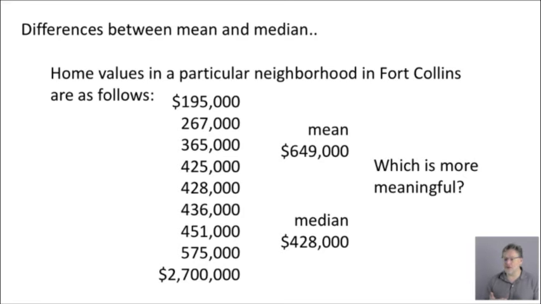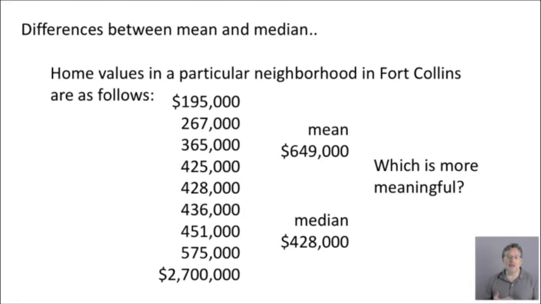Well, one of the things that I notice is that when I look at the mean of 649,000, there really aren't any houses on this cul-de-sac that have a value near that value. They go all the way up to 575 and then all of a sudden jump to this much higher value here. But if I take a look at the median, 428,000, well, yeah, there are quite a few houses that are well represented by that measure of central tendency. And so in this case, the median is actually more descriptive, more meaningful as far as describing what's going on here.